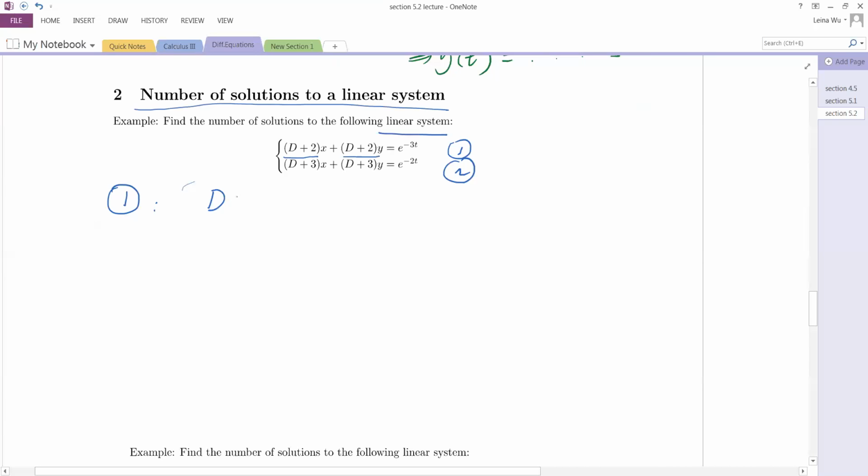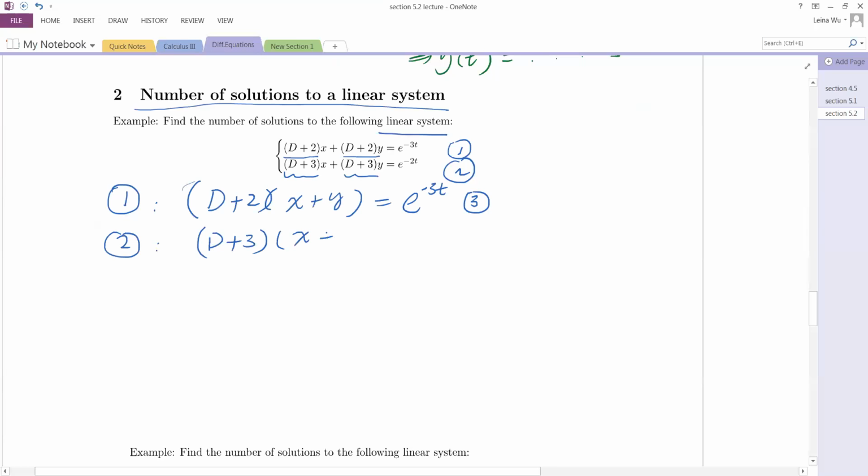Yes, in equation 1, you can factor out D plus 2, then you have x plus y equals e to the negative 3t. In equation 2, you can factor out D plus 3, then you have x plus y equals e to the negative 2t. Let's call this equation 4.